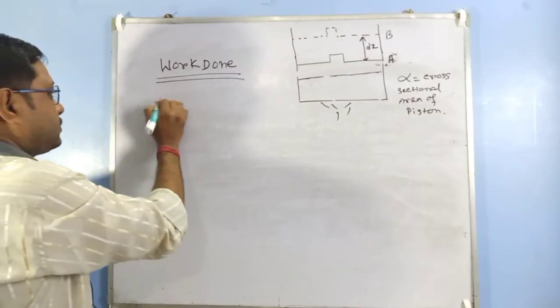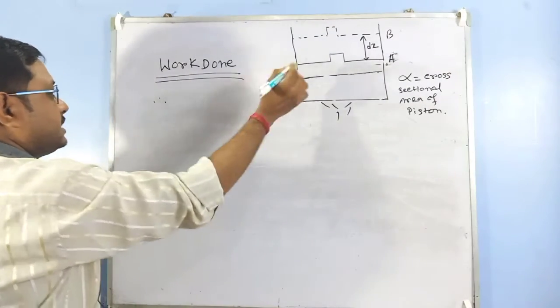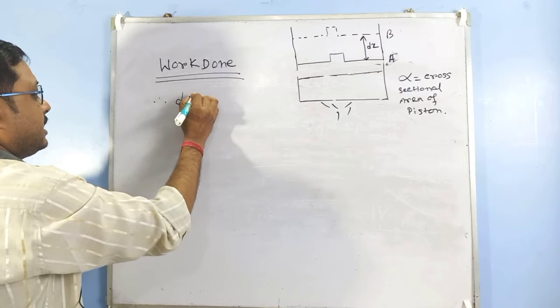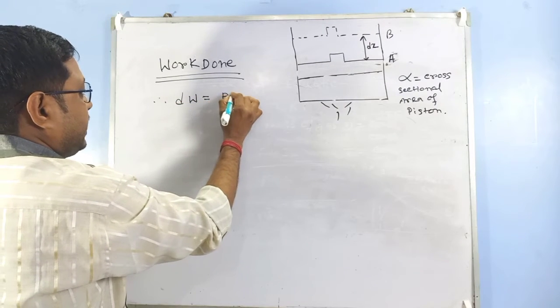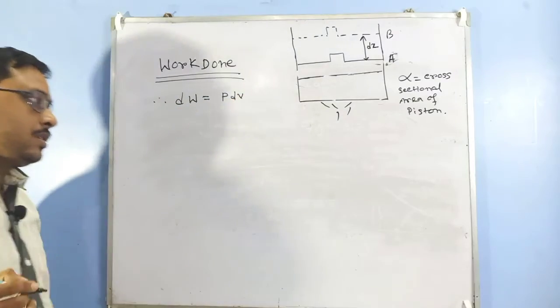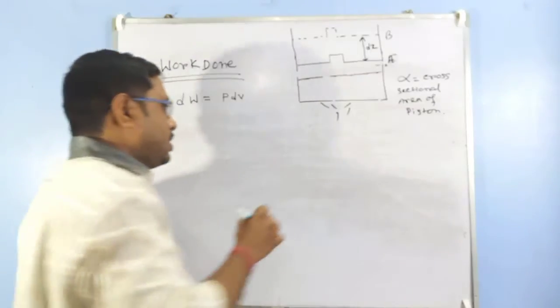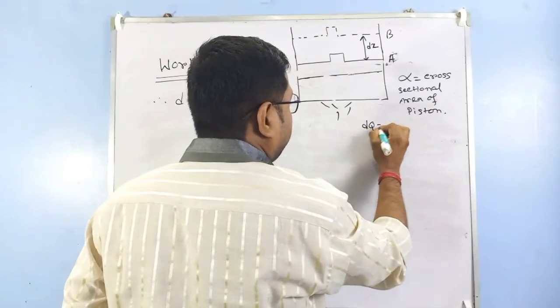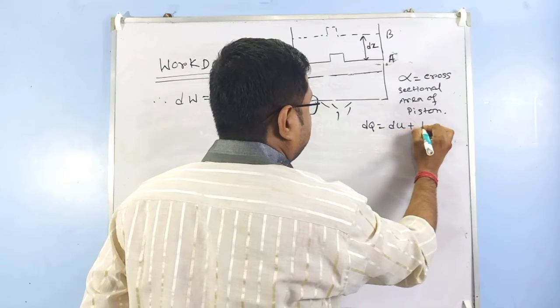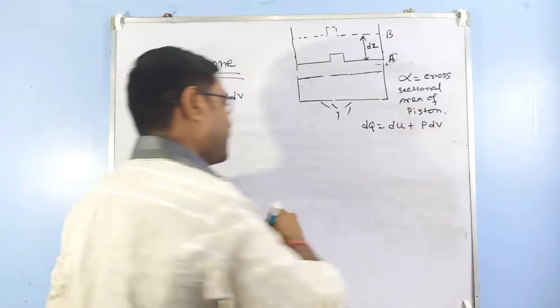So, for moving through a further distance dx, the work done is dW equal to P dV. From the first law of thermodynamics, dQ equals change in internal energy plus work done.